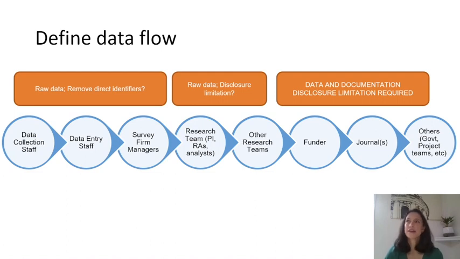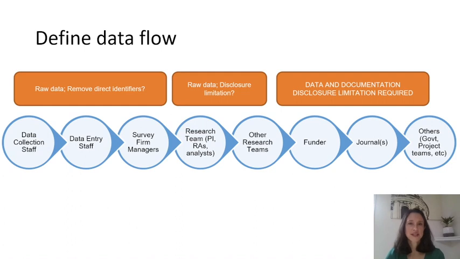In a panel survey, yes, maybe. In other surveys, not necessarily. And so thinking through, okay, well, what can be removed so that you're only managing data along this data flow that is needed at that time by that data handler. Moving along to other research teams, oftentimes this is where statistical disclosure limitation is going to be required.